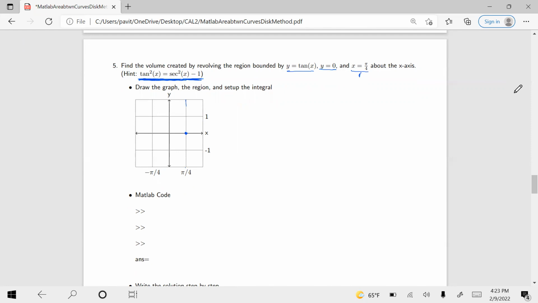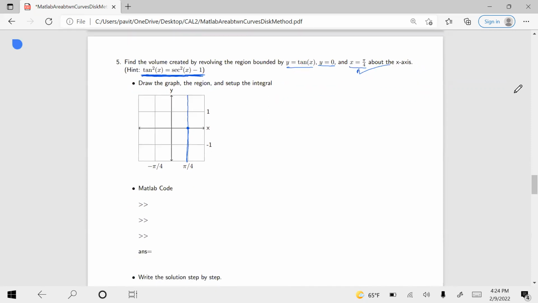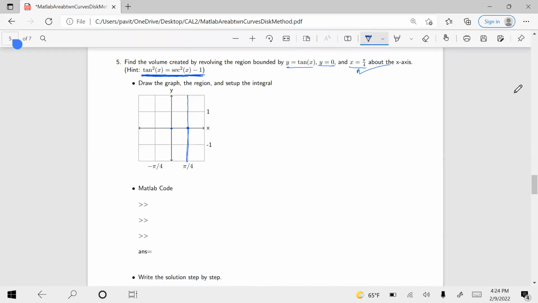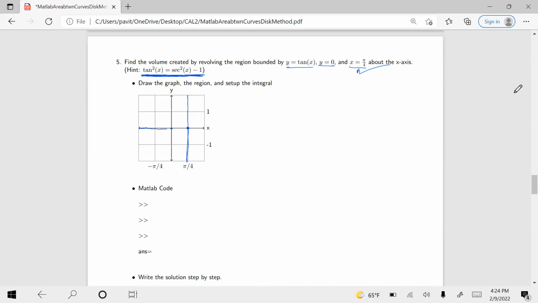Then it has to be a straight line, right? If x is a constant, then that is going to be a straight line. Y equal to 0 is going to be a horizontal line, because y is 0, so it will not be vertical.